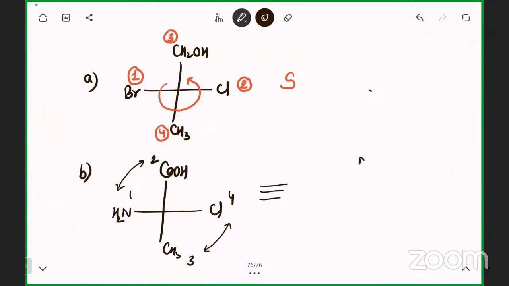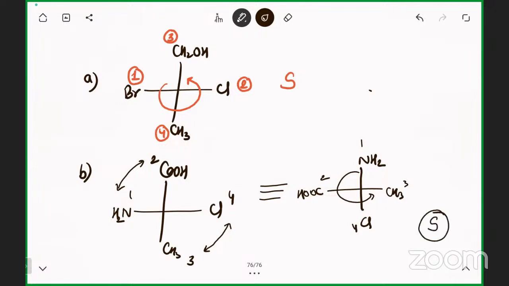So NH2 will be at the top, COH at the left side, then CH3, and then we have Cl here. So now write the priority: first, then second, then CH3 was third, and Cl was fourth. The first, second, third go anti-clockwise. The rotation will be S.